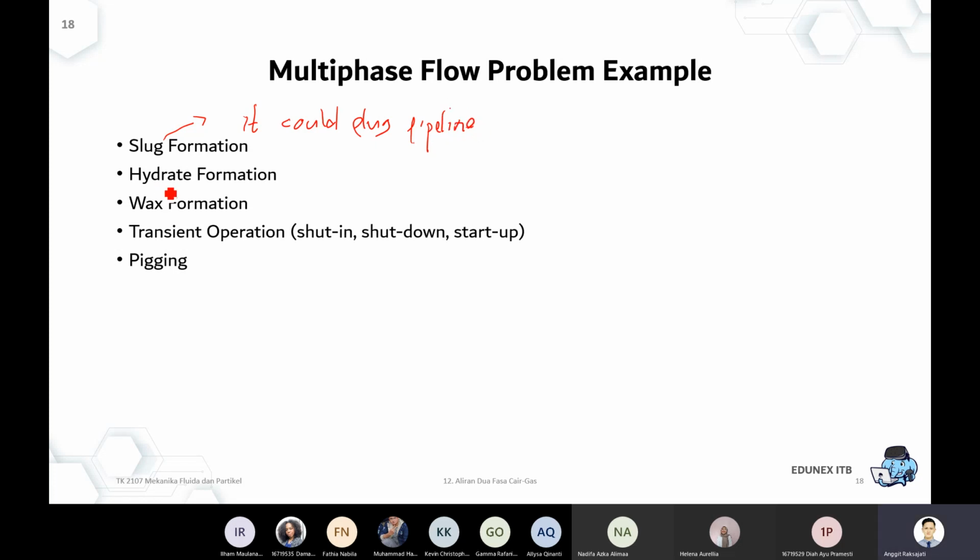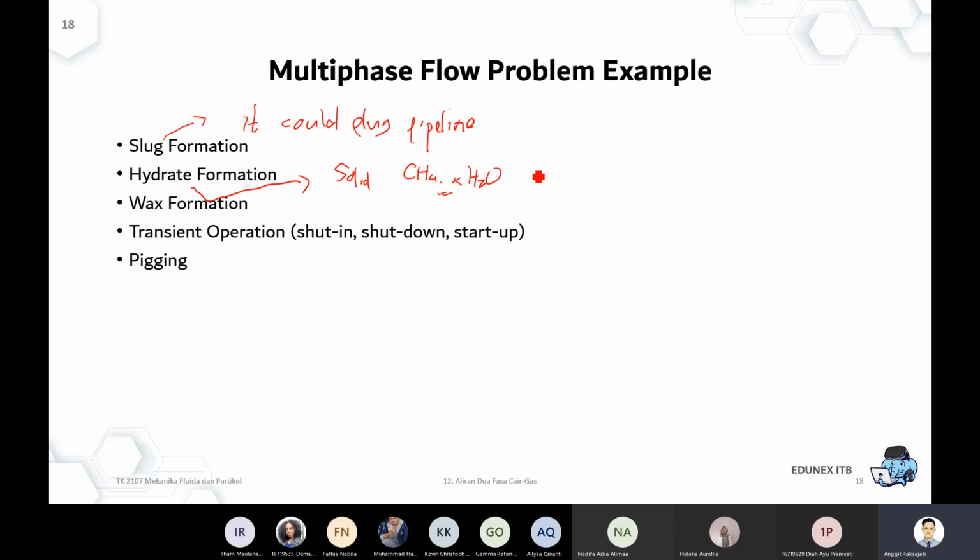And then hydrate, what is a hydrate? So hydrate, again, this is multi-phase flow, so it's almost like a three-phase flow problem now, because we have a liquid, we have a gas, but actually hydrate is like a solid. So it's actually a solid consisting of methane, CH4, with a certain percent of water.